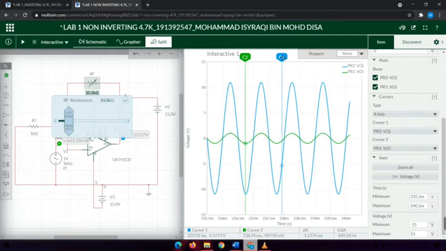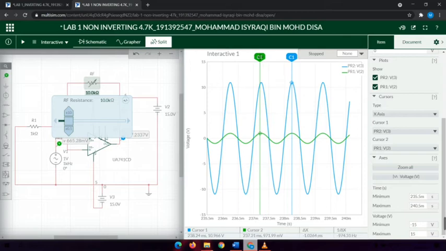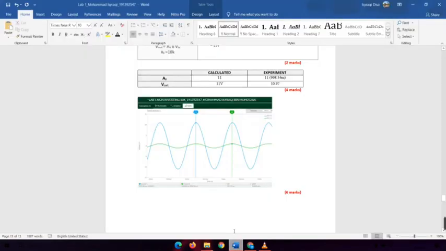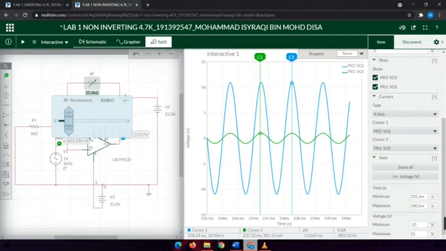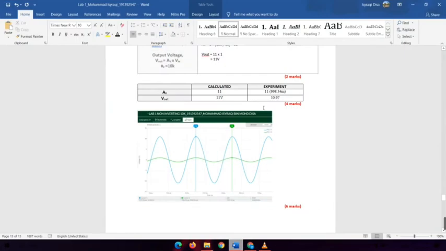Here we can see the blue color output. We get 10.966, slightly the same as the calculated value. And for gain, 10.966 divided by 981.15 millivolt and we get 11, which is the same gain that we calculated.